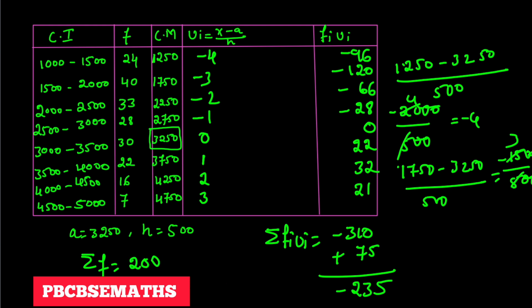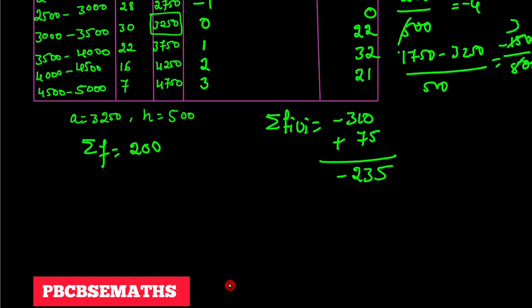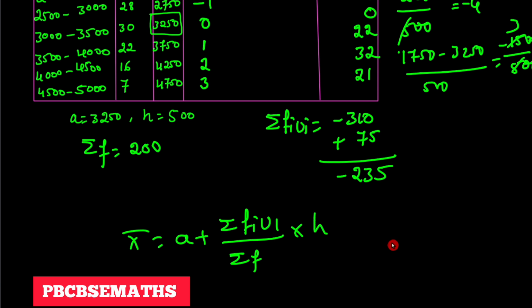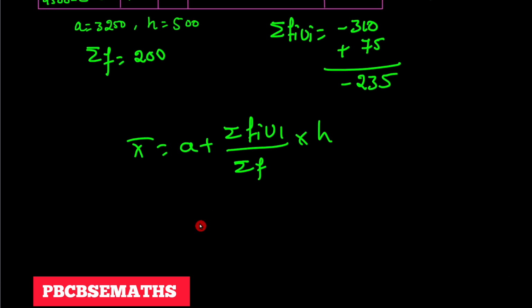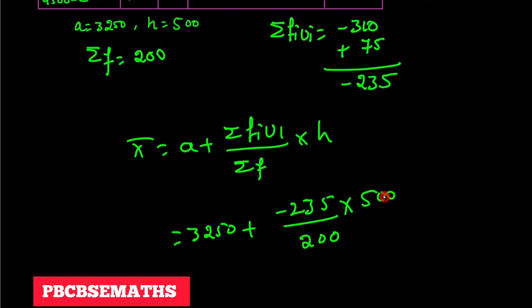And the value of summation of F is equal to 200. Let's find out now the x bar value. x bar is equal to a plus summation of FiUi divided by summation of F, into h. So a value is 3250 plus summation of FiUi, minus 235, divided by summation of f, 200, into that h value 500.